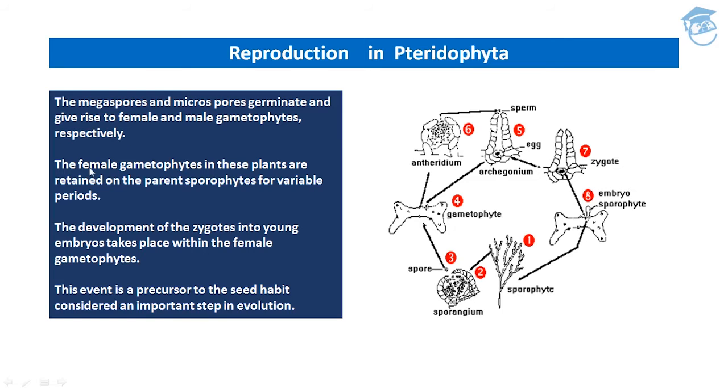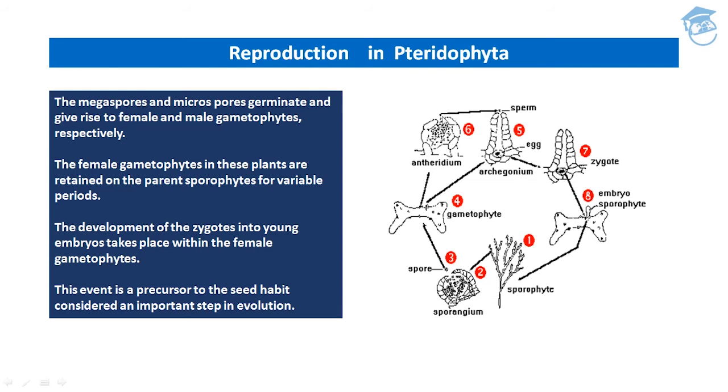The female gametophyte in these plants is retained on the parent sporophyte for a variable period, and the development of the zygote into a young embryo takes place within the female gametophyte. Okay, this event is a precursor to the seed habit, which is considered an important step in evolution.